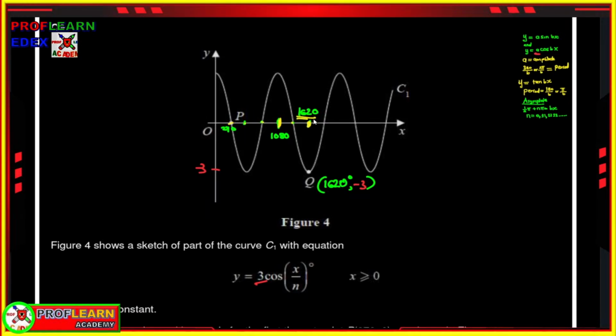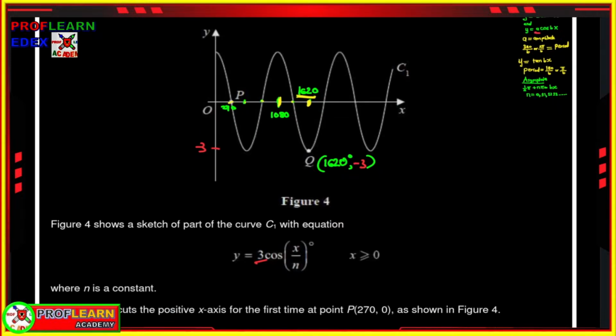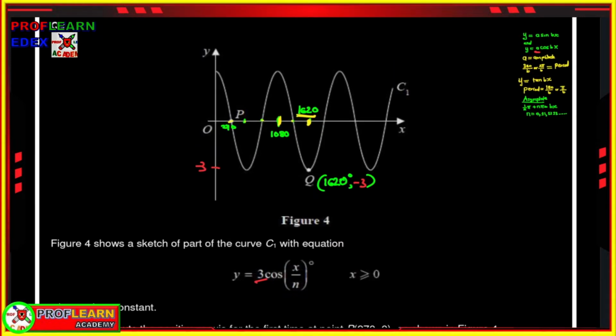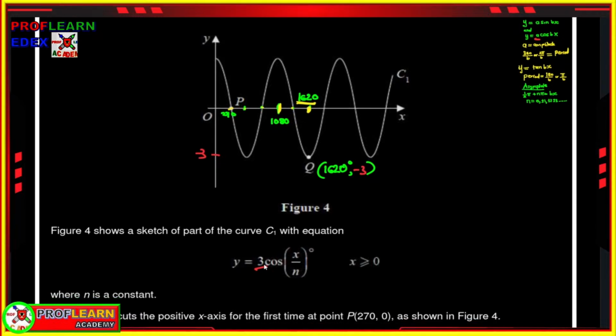This one will be 1620. And since the amplitude here was 3, then it means Q is at the lower part of the graph, so this is going to be -3, and the coordinate for Q will be (1620, -3).